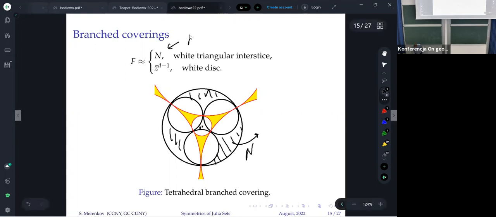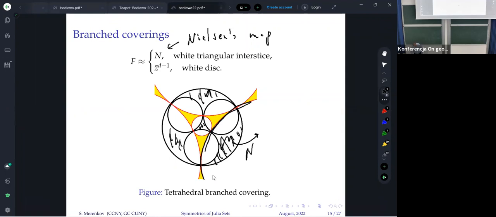Okay, so it's defined here as a reflection in the corresponding red circle. In this triangular interstice, it's a reflection in this circle, and so forth. Then the map is everywhere defined except on the actual original disks of the circle packing, the white disks.